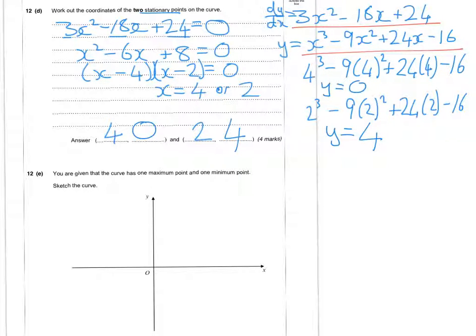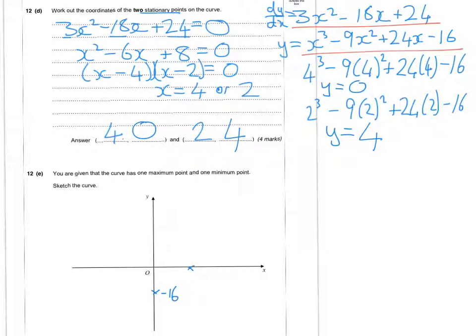Okay, you are given that the curve has one maximum point, one minimum point. Sketch the curve. Okay, from the previous page we knew that the y-intercept was negative 16. We know 4, 0 is a turning point.